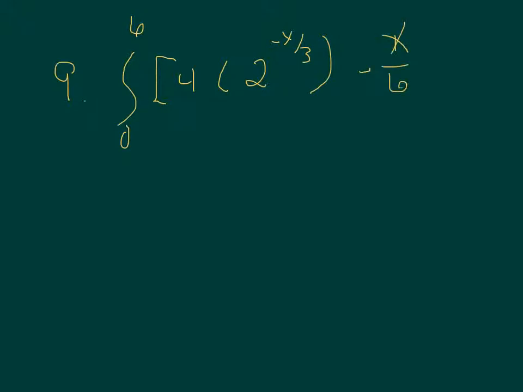Okay, number 9. All you had to do was graph that one? Right. We're going from 0 to 6, and you have the integral of 4 times 2 to the negative x over 3, minus x over 6, dx.